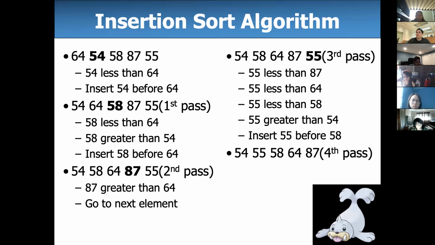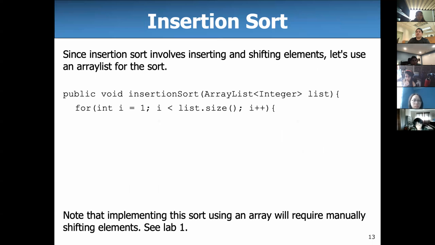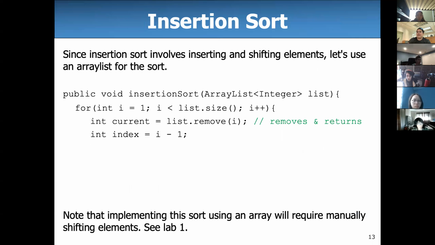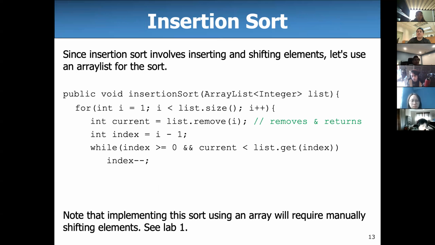Okay. So public void insertion sort. So you get the size of it. Int current equals list dot remove I. So int index equals I minus 1. So notice that we start at 1. Generally you have a nested for loop for a selection sort. With an insertion sort, it's 8 times out of 10 a for with a while.